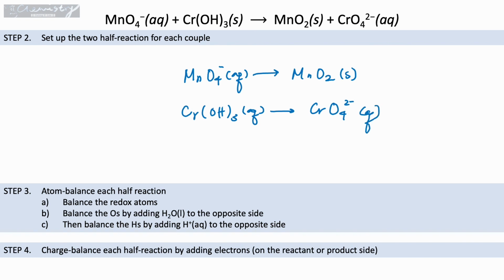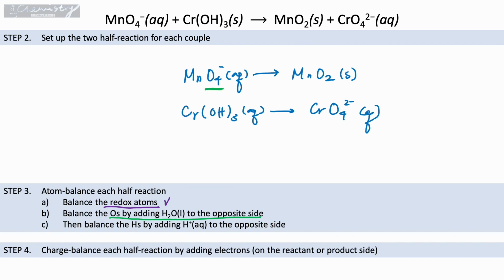Okay. And with this, the first thing we're going to do in step 3, atom balancing, is to balance the redox atoms. So we can see that manganese, we have 1 on each side. It's already balanced. And then chromium, we have 1 on each side. So that is already balanced as well. So this part is done. And then we're going to balance the oxygens by adding water.